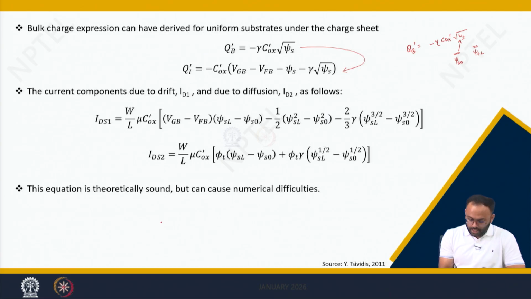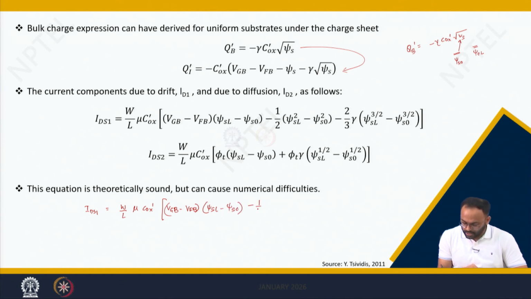So let me solve for IDS1, which is nothing but W by L mu into Cox dash, (VGB minus V flat band voltage) into (psi sL minus psi s0) minus half of (psi sL square minus psi s0 square).